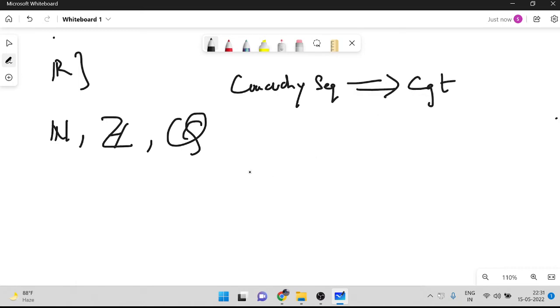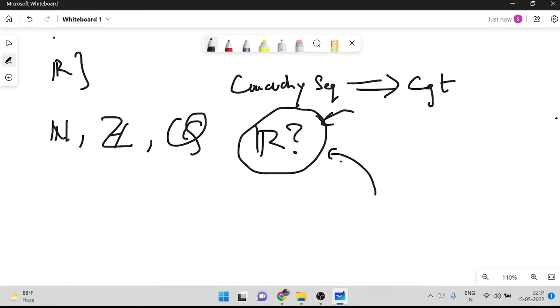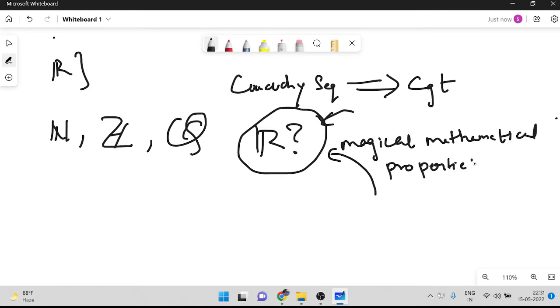So I think you see why real numbers came into the picture in the first place. I have been talking about sequences and series using some magical mathematical properties of reals. So what are these reals? What are these magical properties of real numbers?